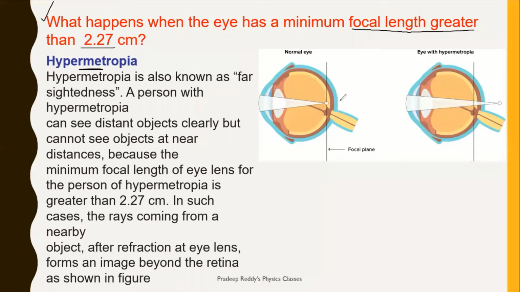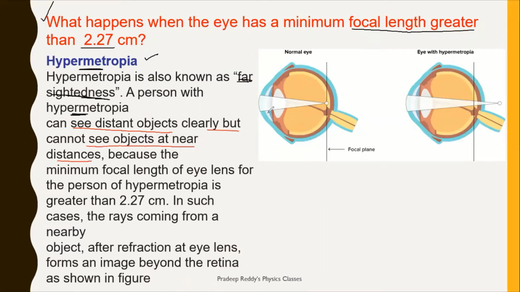Image is formed beyond the retina, and that defect is called as hypermetropia, and it is also known as far-sightedness. So a person with hypermetropia can see distant objects clearly but cannot see objects at nearer distance.